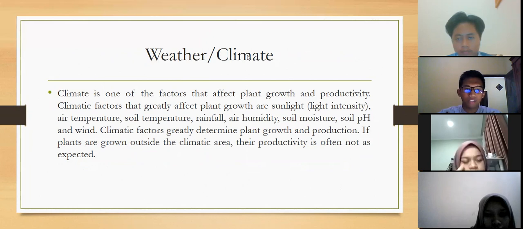Climate factors that greatly affect plant growth are sunlight or light intensity, air temperature, soil temperature, rainfall, air humidity, soil moisture, soil pH, and wind. Climate factors greatly determine plant growth and production. If plants are grown outside the climate area, their productivity is often not as expected.